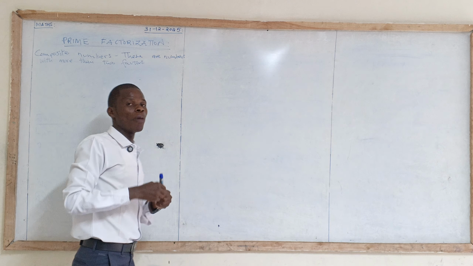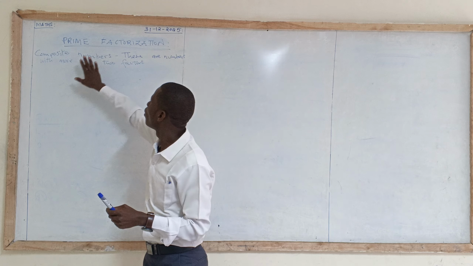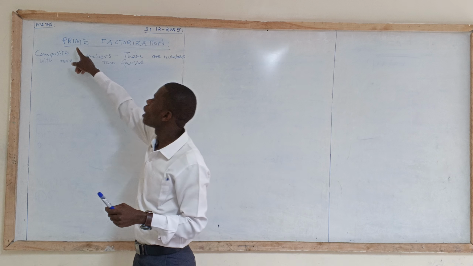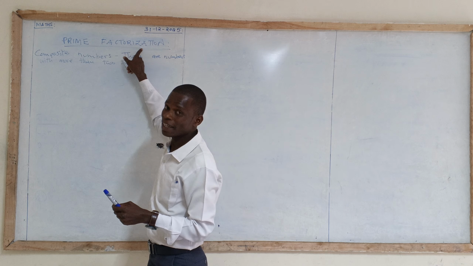The opposite of even numbers is odd numbers. The opposite of factors is multiples. Already we are learning opposites. This is not English, it is maths. Now, in prime factorization, we have prime numbers and factors combined. We have composite numbers. This is what we are going to deal with here.